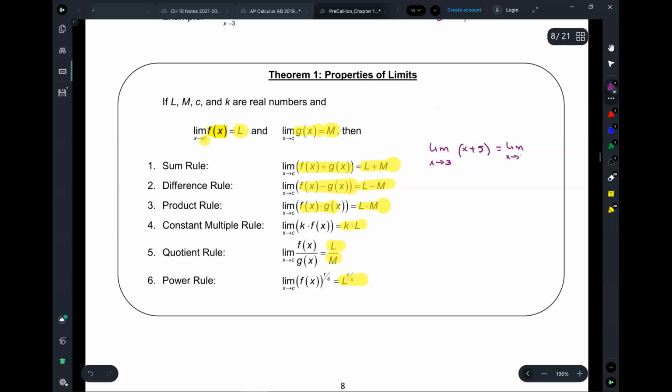The limit as x approaches 3 of x plus the limit as x approaches 3 of 5. And we just learned this. What's the limit for the first one? 3. And what about for the second one? 5. So that's just 8. That's how the properties are used. Now, do we have to do this every single time? Not really. I'll show you how these all work.